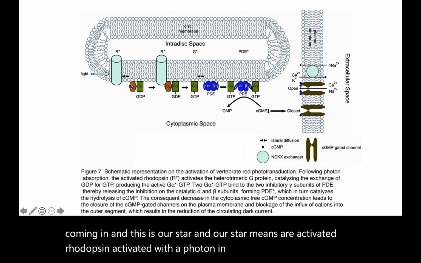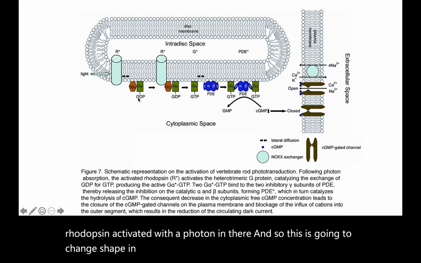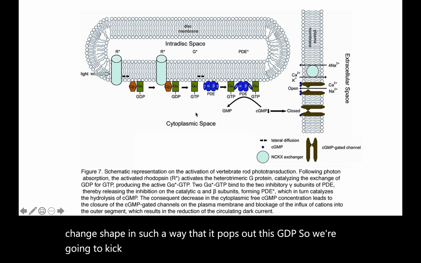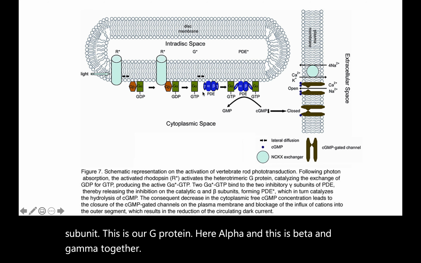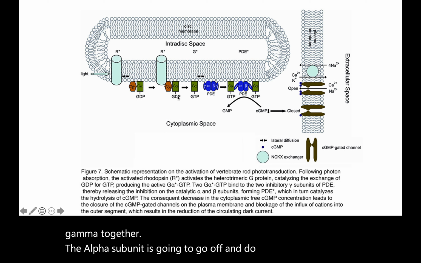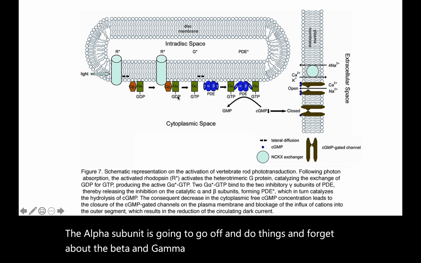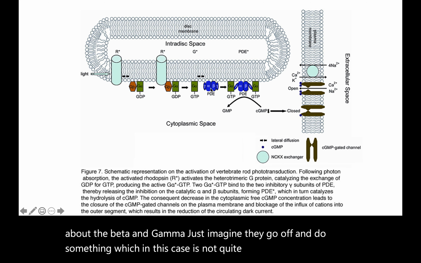And so this is going to change shape in such a way that it pops out this GDP. So we're going to kick out GDP, replace it with GTP. And so now our alpha subunit, this is our G protein here, alpha, and this is beta and gamma together. The alpha subunit is going to go off and do things. And forget about the beta and gamma, just imagine they go off and do something, which in this case is not quite as important for our test answer anyway.